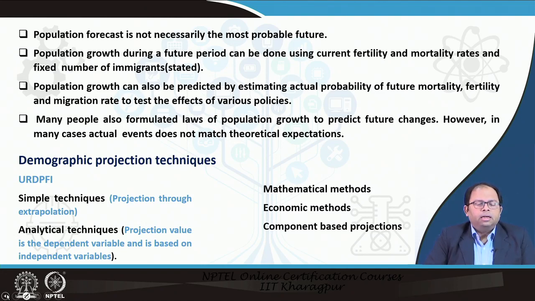So, in many cases actual events do not match these theoretical expectations. Once we know these are the different kinds of demographic models, we have to develop projection techniques for different demographic indicators. URDPFI has listed two ways of projecting population. There are simple techniques where we just project through extrapolation, and analytical techniques where the projected value is the dependent variable and is based on independent variables, that is, on a certain relationship.